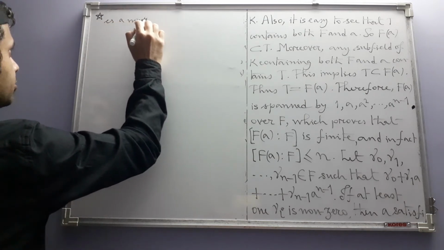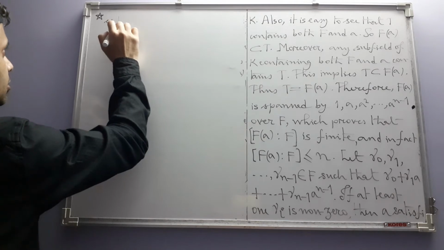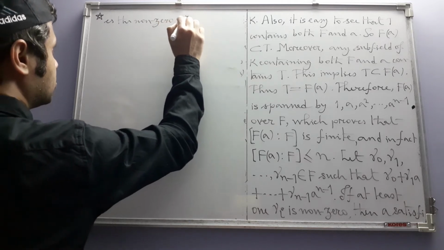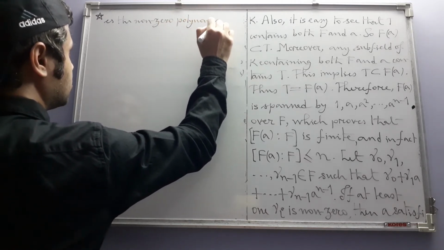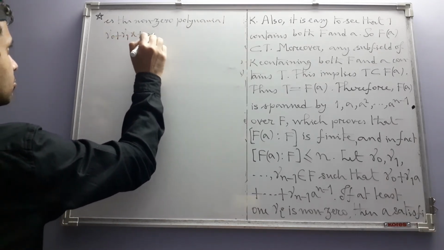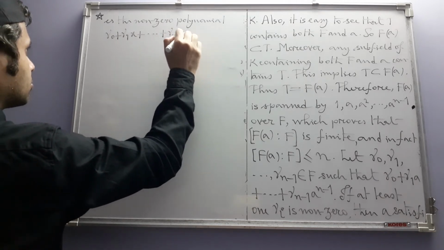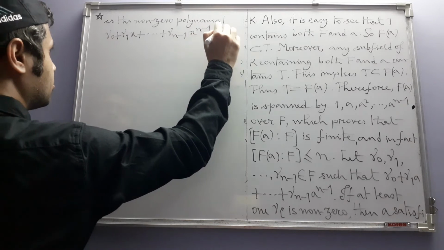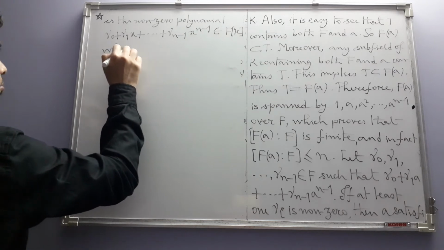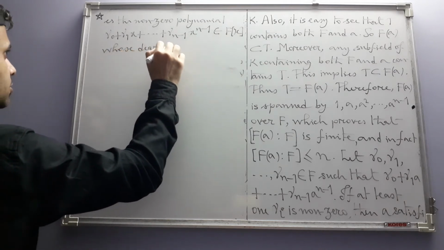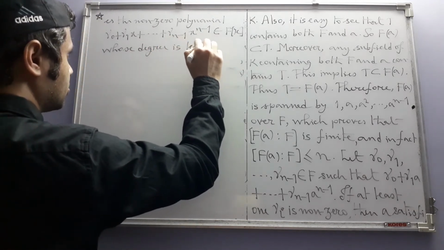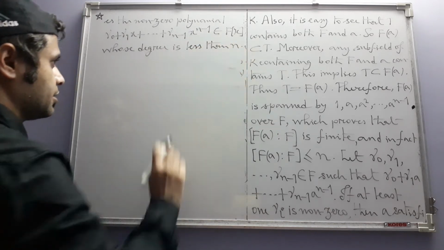a non-zero polynomial in F[x], because it is non-zero it will have a non-negative degree, whose degree is less than n.